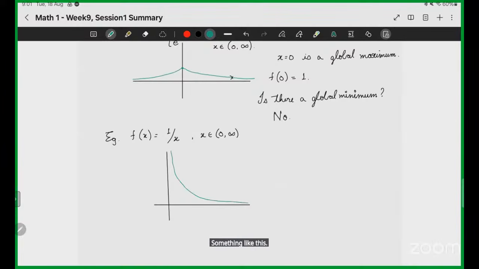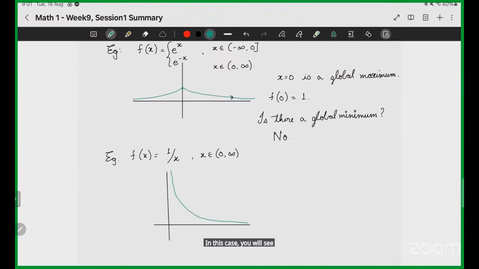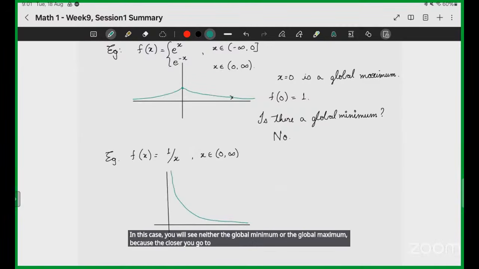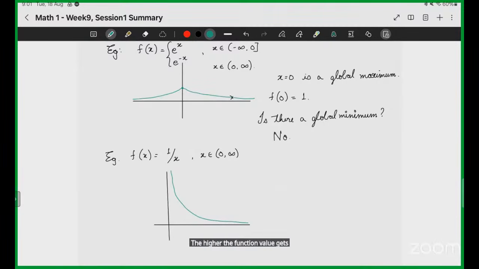In this case, you will see neither the global minimum nor the global maximum, because the closer you go to 0, the higher the function value gets, and the closer you go to infinity, or the higher the value of x, the closer you are to 0. But there is no point at which the maximum or minimum is attained.